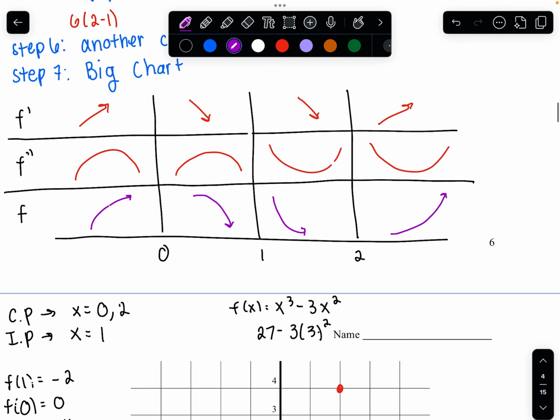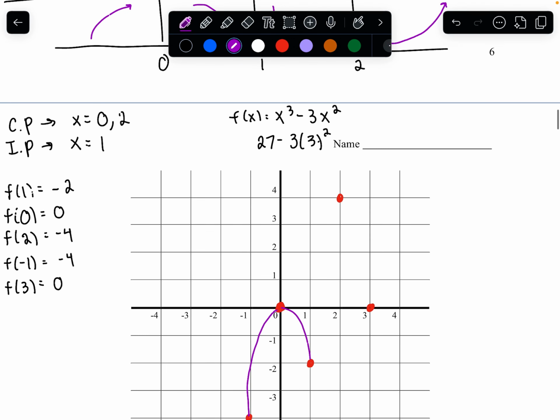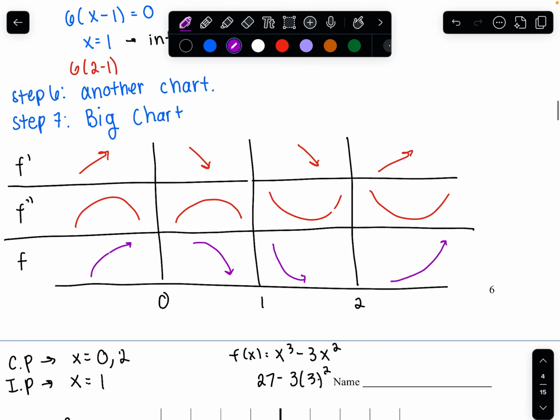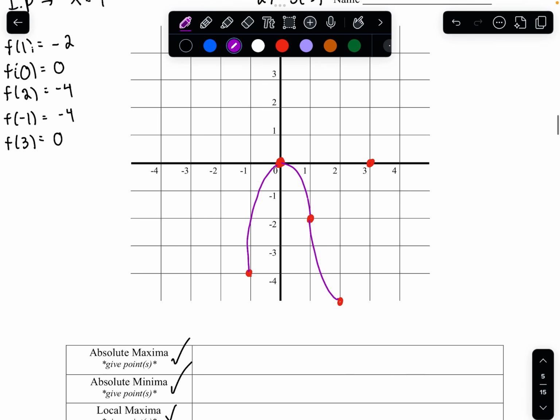Between 1 and 2, I'm concave up decreasing. That's because I plotted this wrong. So sorry about that. That's why we plot things, to make sure it makes sense. Between 2 and 3, we're concave up increasing.